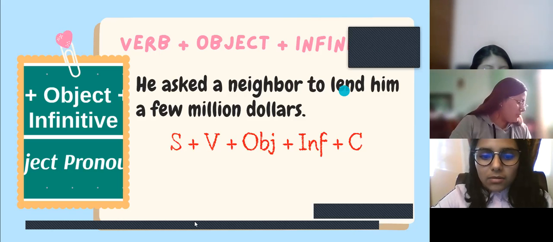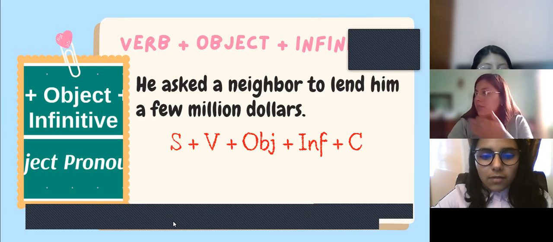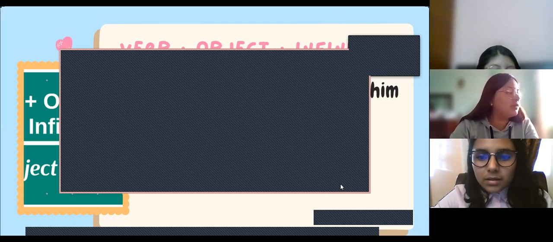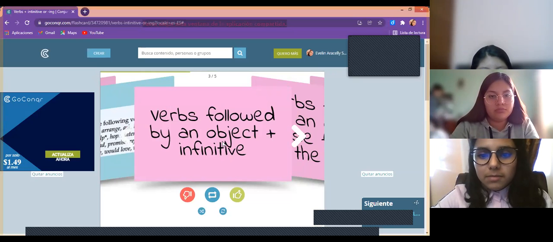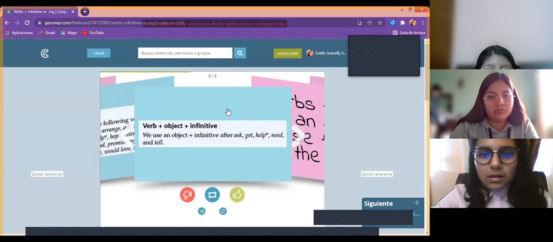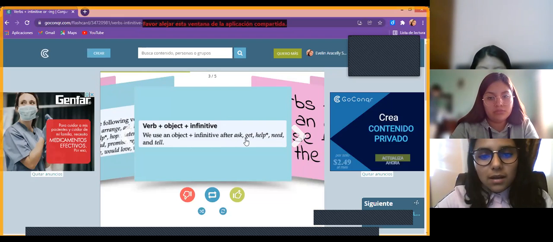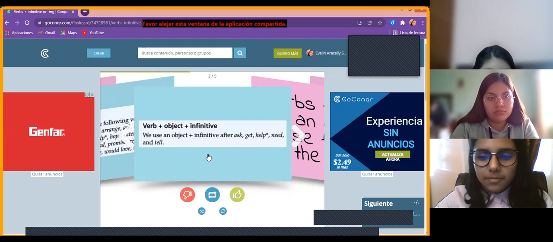And now I am going to share with you another flashcard related to the verbs that are followed by an object plus infinitive. So let's see. Okay, verbs followed by an object plus infinitive. We use an object plus infinitive after ask, get, help, need, and tell.